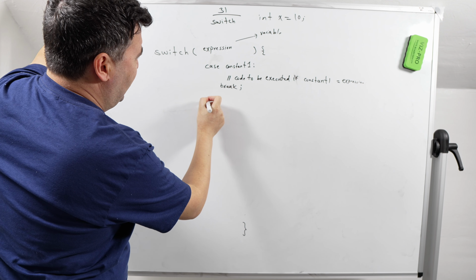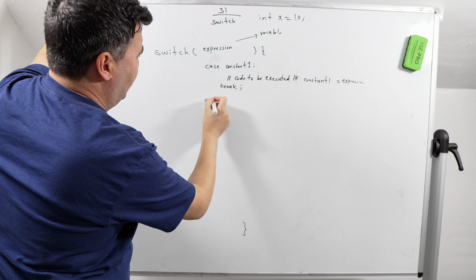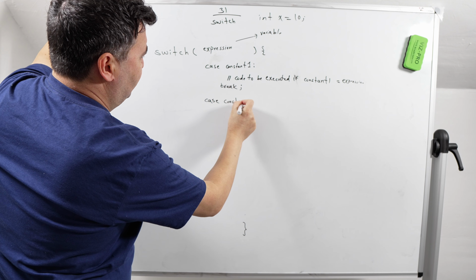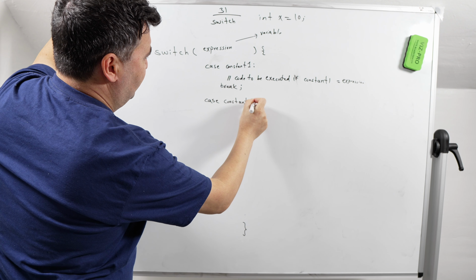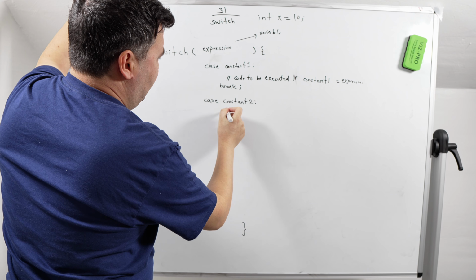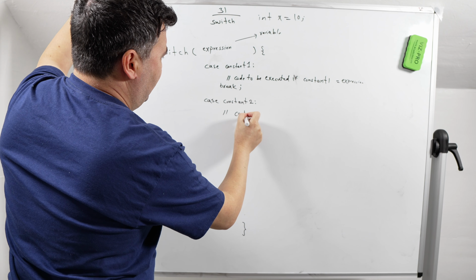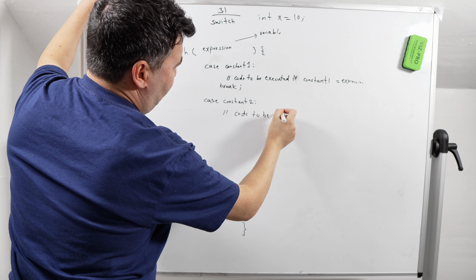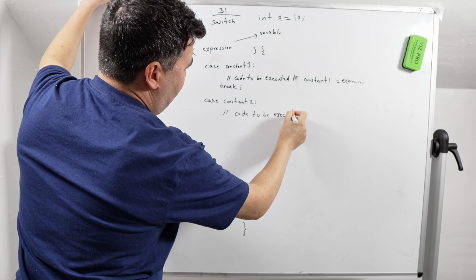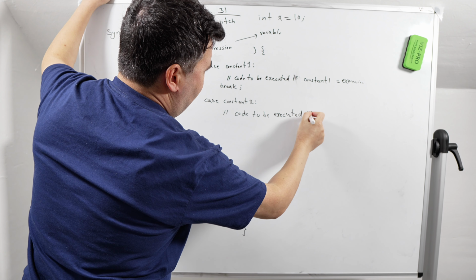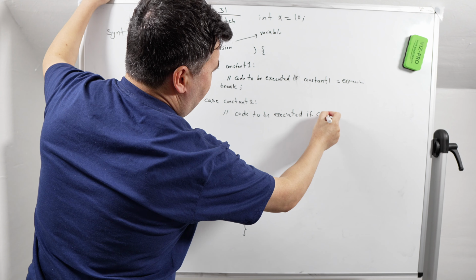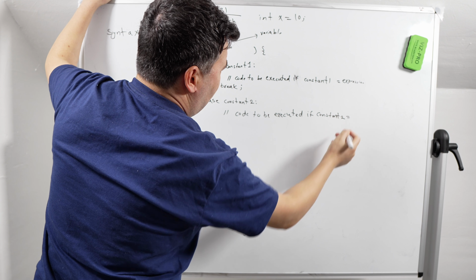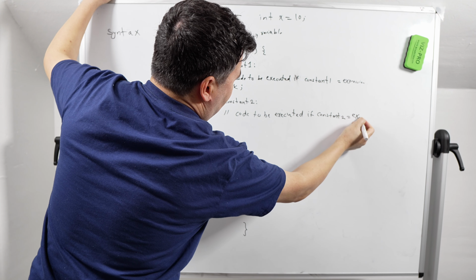Then we have case constant 2, and we have a colon, then the code to be executed if constant 2 is equal to the expression.